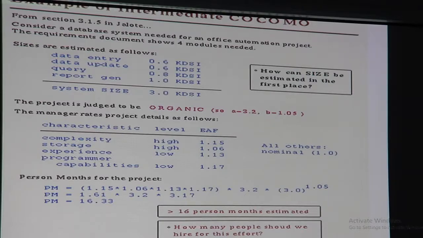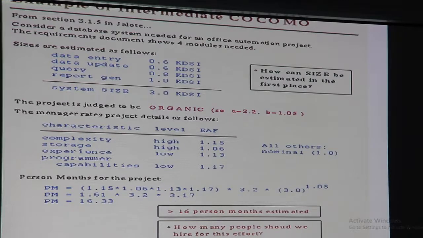Now the project is judged as organic. We saw what an organic project is. There are 2 other project categories, semi-detached and embedded. Organic is typically the project type where the organization is used to carrying out such projects.